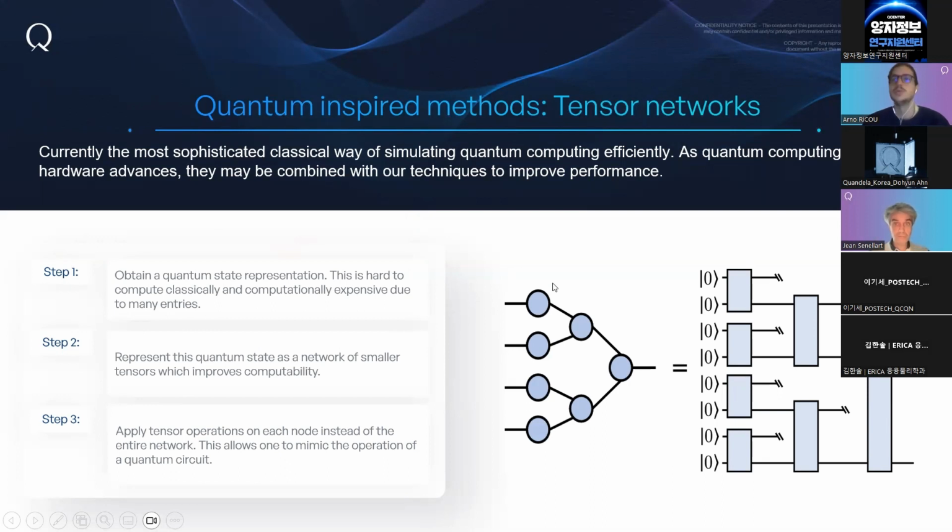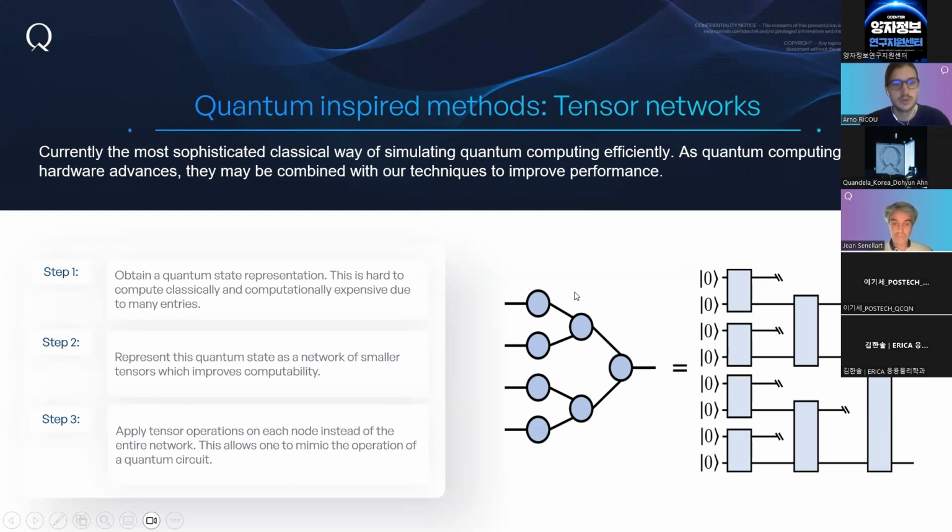So you know now that a quantum state has exponentially many possibilities. If you take an n qubit state, you have 2 to the power of n possibilities for the n qubit space, and that's hard to represent classically.